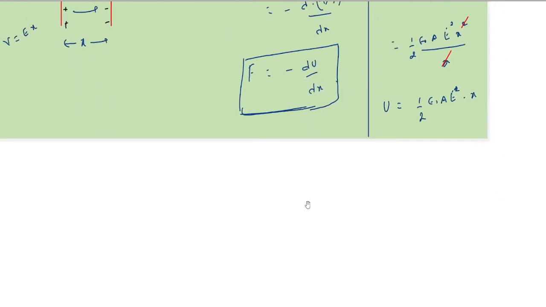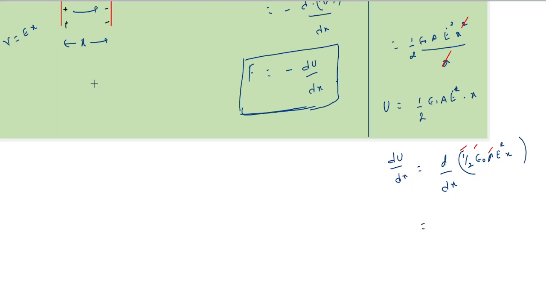But what we wanted is dU by dx first. So dU by dx is equal to d by dx of the whole term here, which is half epsilon naught A E square into x. For the given combination of capacitors, half is a constant, epsilon naught is a constant, A is a constant, and even E is a constant.